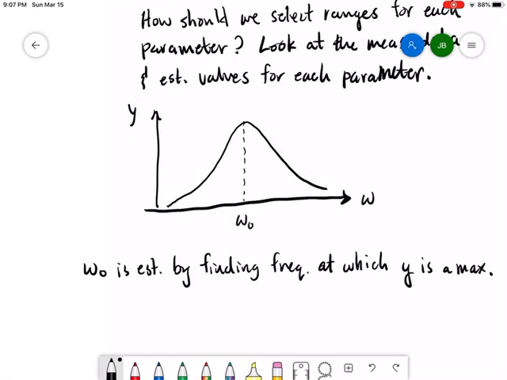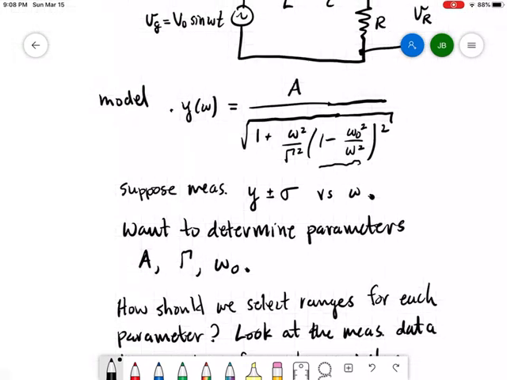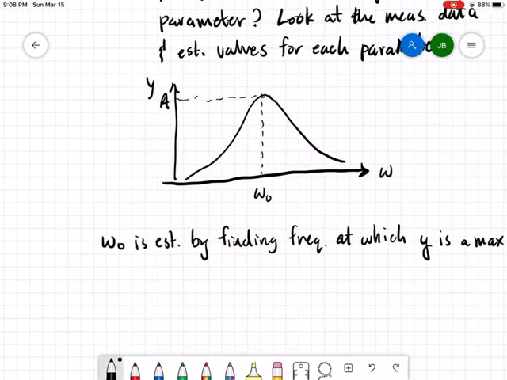So there's something where we can use our knowledge about our model and the measured data to estimate one of our parameters. Going back to this model, let's say omega is equal to omega naught, then y is equal to A divided by the square root of 1, which is just A. So what A represents is the maximum value of y.